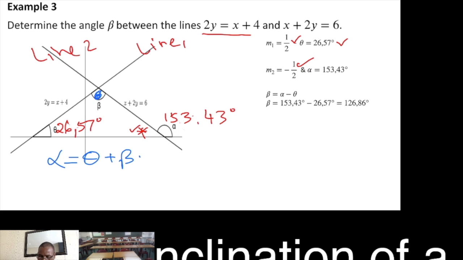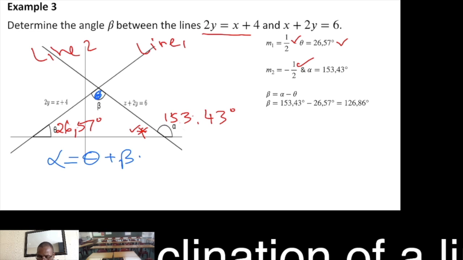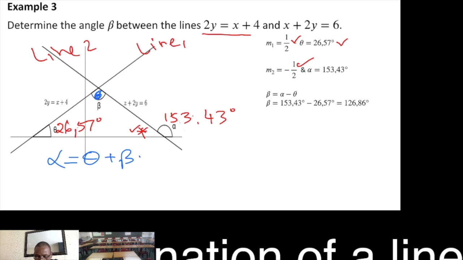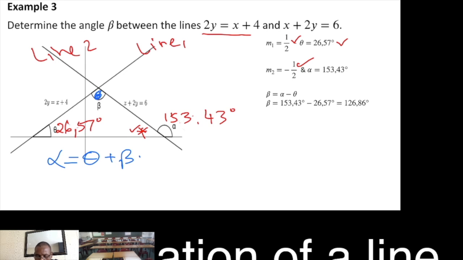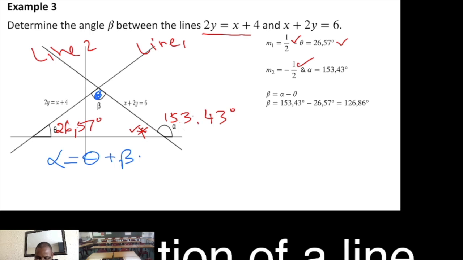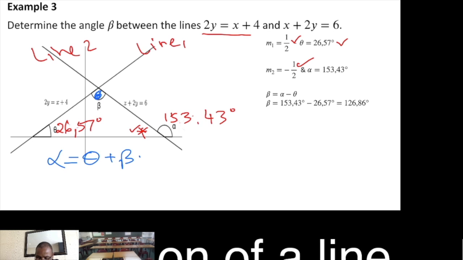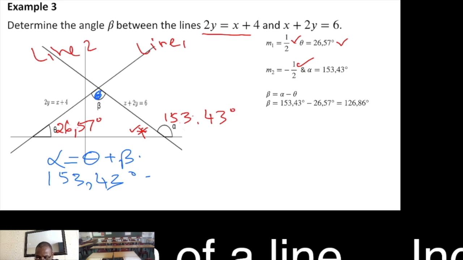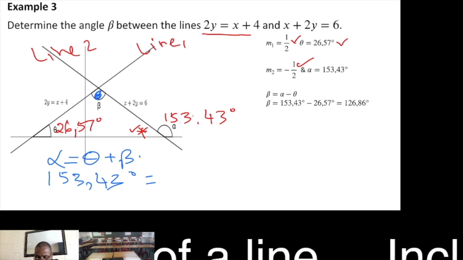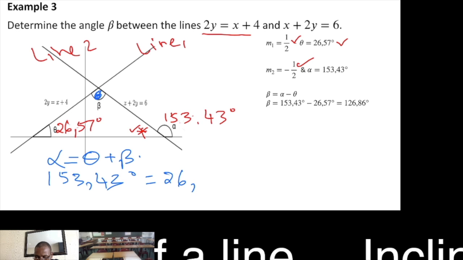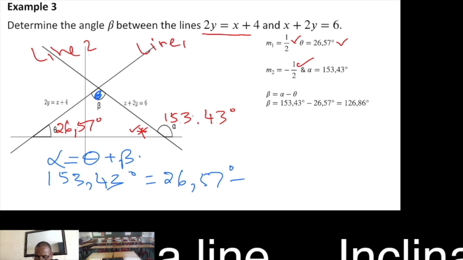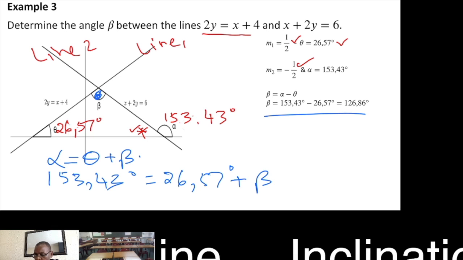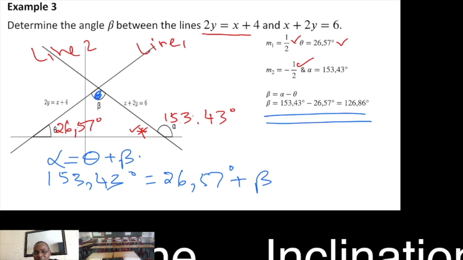Right, and then you apply the theorem that says the exterior angle alpha is equal to the sum of the interior opposite angles. So alpha is 153,43 degrees, and this is equal to theta plus beta, but theta is 26,57 degrees plus beta. Solve that for beta, you should get 126,86.